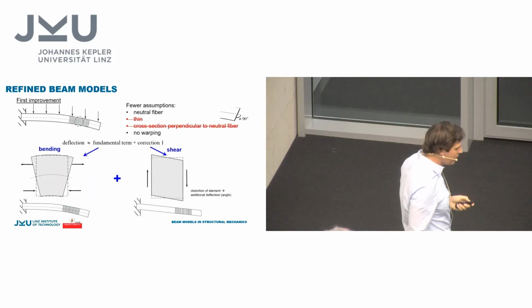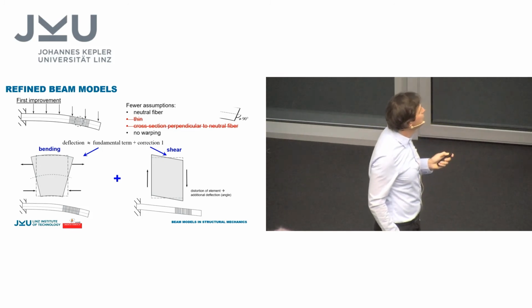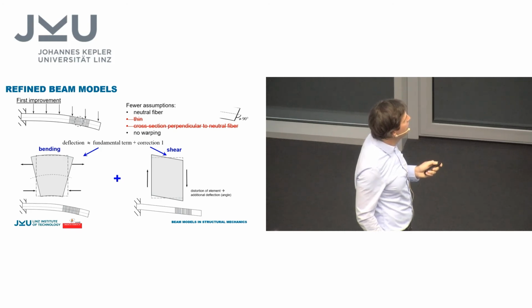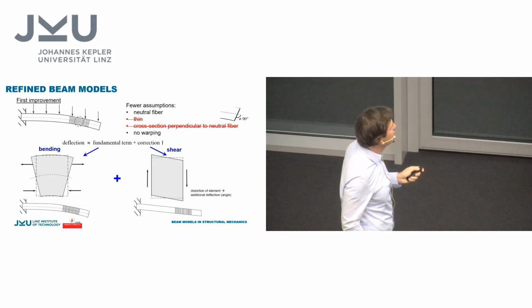So maybe our assumptions are too strict. So if you consider this angle of 90 degrees that we had in the assumptions, this is not a very good approximation, because that this angle is not 90 degrees can be explained by the influence of shear, and this is shown here in this figure.